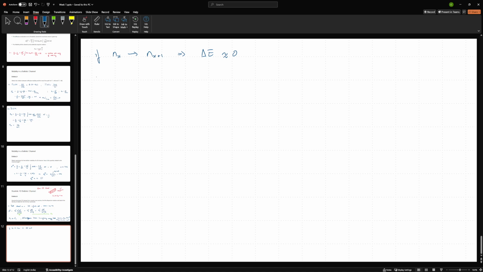However, if ny or nz respectively go to ny plus 1 or nz plus 1, either or, I'm not saying both of them, I will just say ny goes to ny plus 1, or nz goes to nz plus 1.